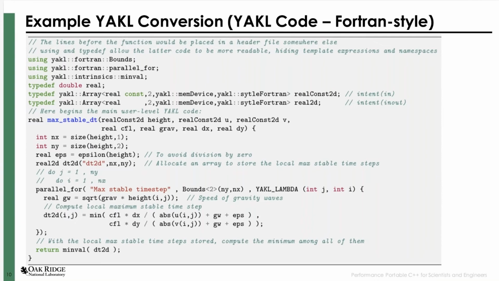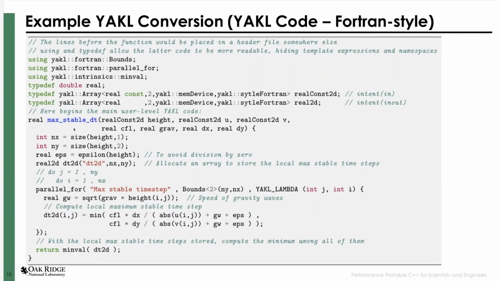And when you actually run the code, like you see here, you'll just be using the types that you defined, and you don't have to deal with these templated expressions and namespaces. So in this case, we're going to use a Fortran-style array, Fortran-style bounds. They'll be allocated on the GPU and memory device.